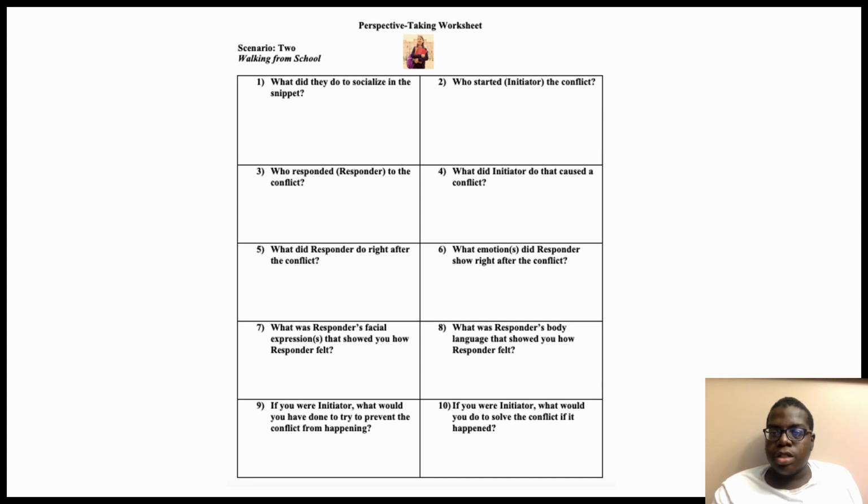Remember, all answers are model examples. Your answer does not have to exactly match the model answer. Your answer must answer the question correctly with the end goal of solving the conflict positively. We will now begin modeling the perspective taking worksheet for walking from school.